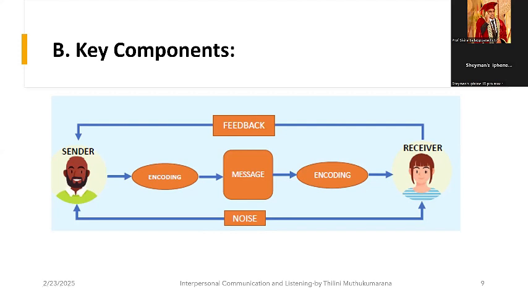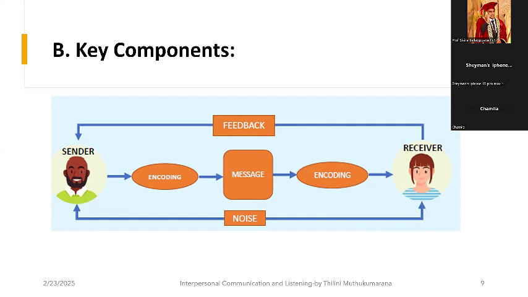That's about the barriers. When you communicate with another person, the message can be affected by barriers like a language barrier. If the receiver cannot understand what the sender says, we call it a language barrier. Also, sometimes there are psychological and emotional barriers at the same time when you are communicating with another person.